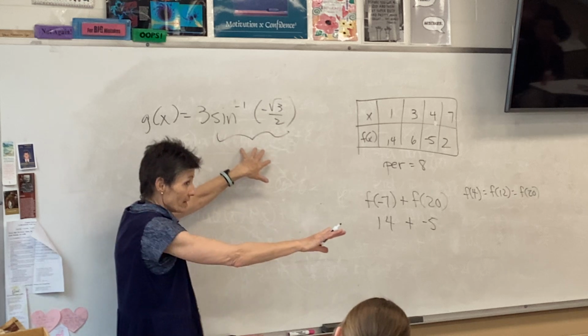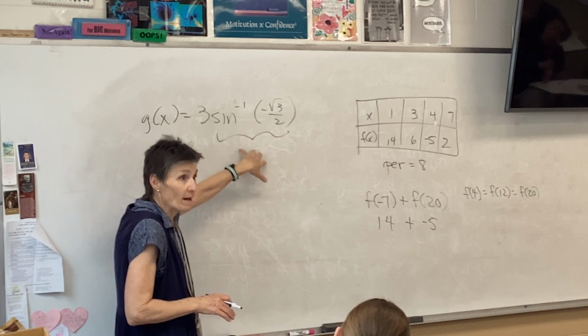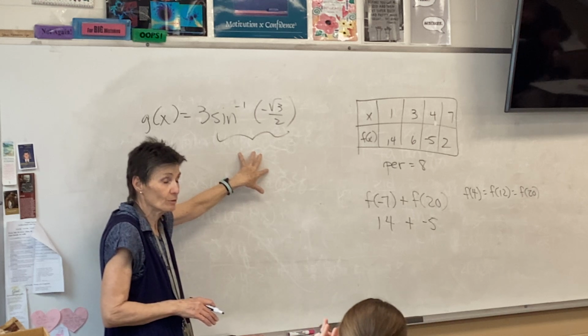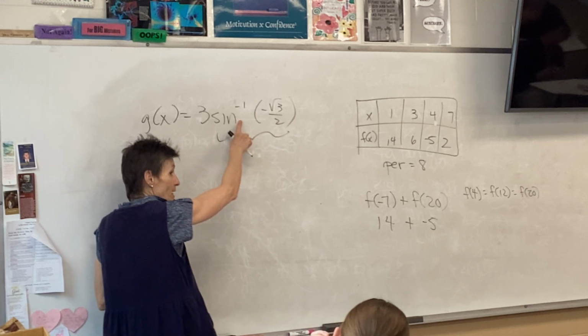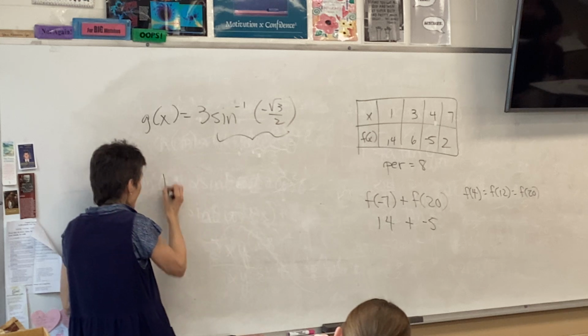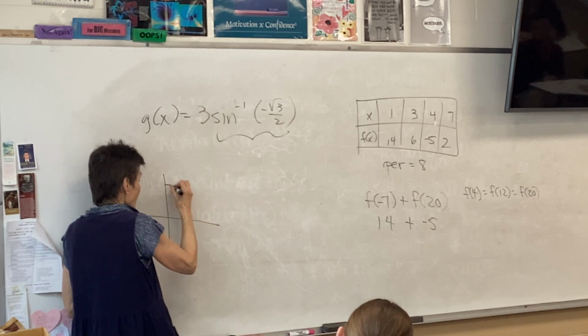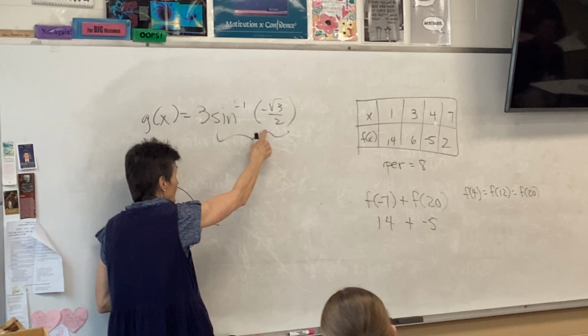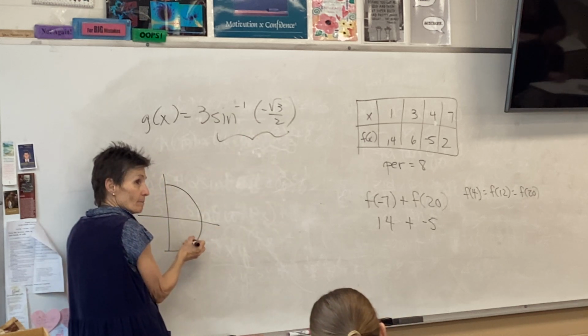This is saying, find the angle whose sine is -√3/2. Now remember, that notation narrows me down. Inverse sine, I can only look over here. And since that's a negative number, I'm looking down here.